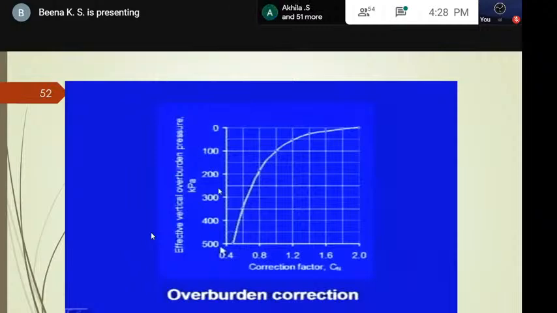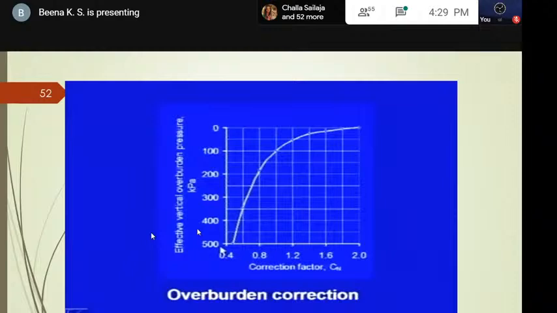So we can use the chart directly, but normally this correction is not applied to cohesive soil because cohesive soil strength mainly depends on the cohesion and not on the overburden pressure or phi value. So normally we won't adopt this method in cohesive soils.